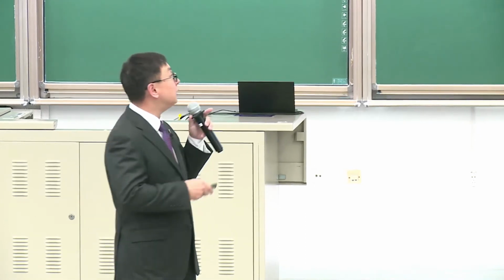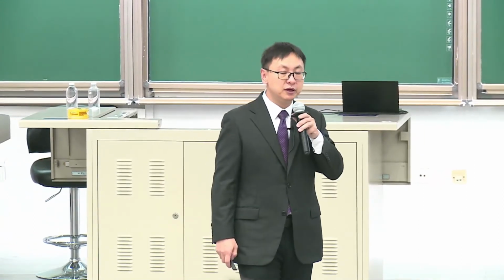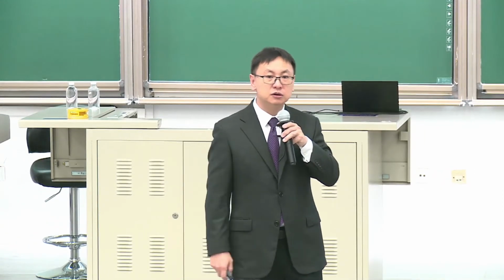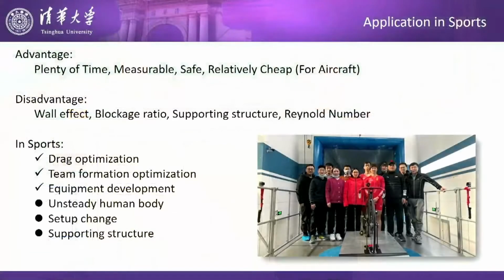This blockage ratio should not be over 3%. Maybe we can allow up to 7%, but no more. And we have to use some supporting structures. Some are used to fix the equipment. Some are used to make the athletes steady, because even for athletes, the muscles are still shaking. This shaking can affect the force signal.